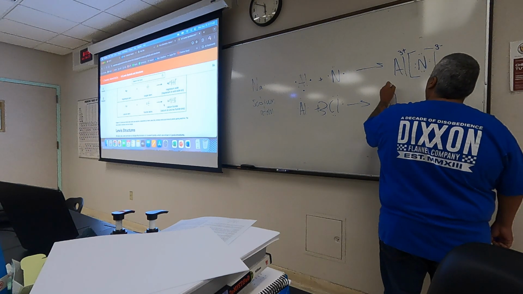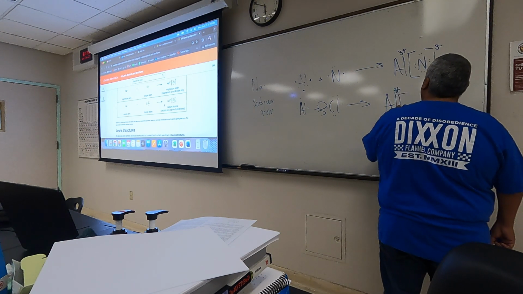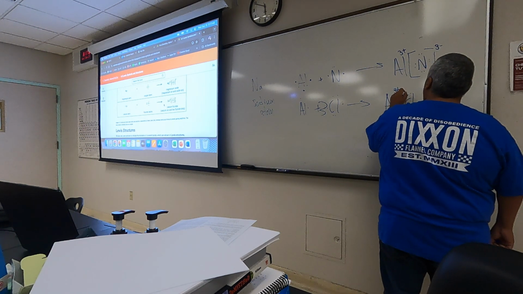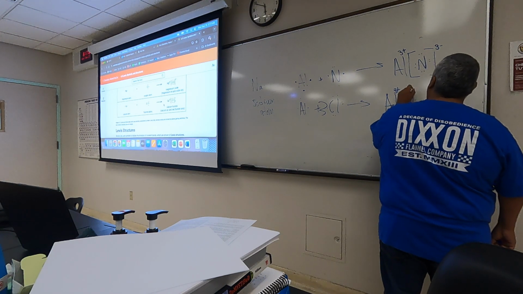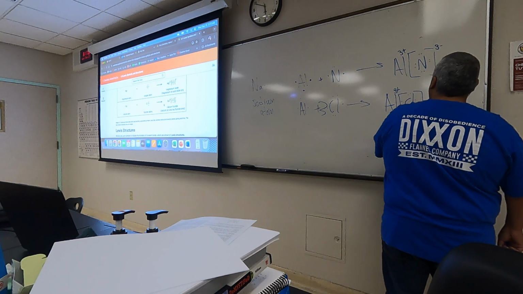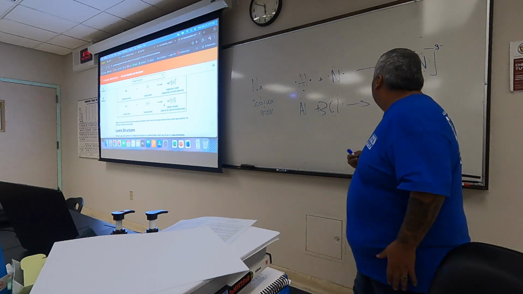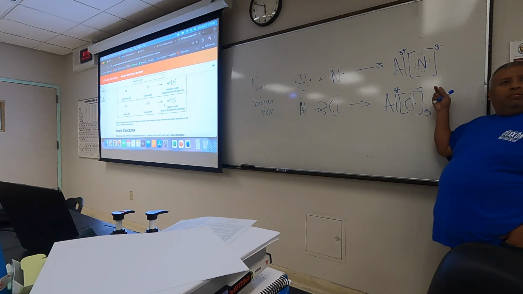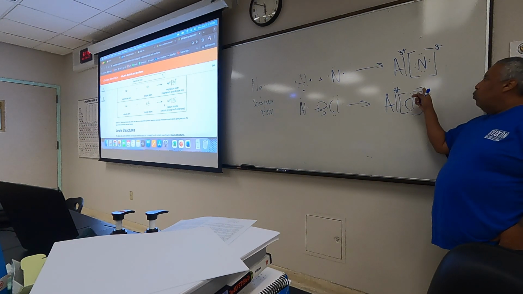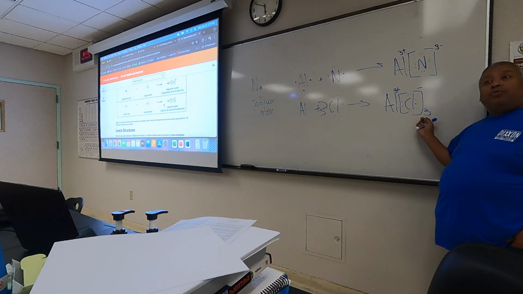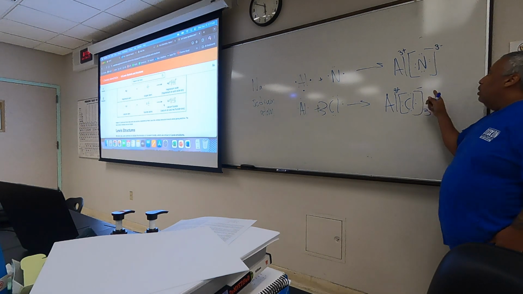And then we have aluminum, which is 3+, chlorine, all of its valence electrons. There's going to be 3 of those, and then we have the minus charge on the outside, right? Notice that I didn't put 2 minus or 3 minus, right? I just put 1 minus because I know that there's 3 of them there, okay?